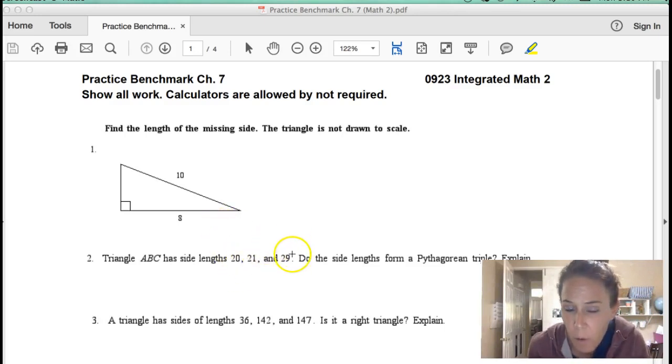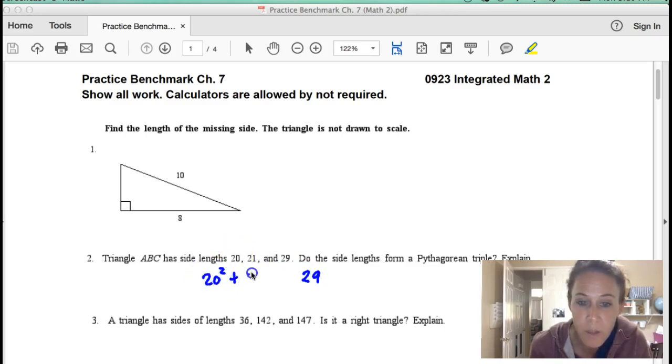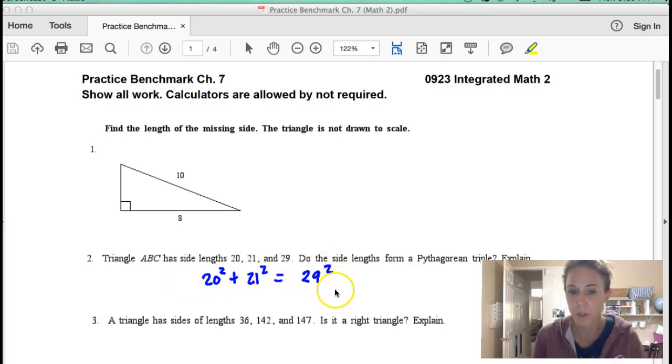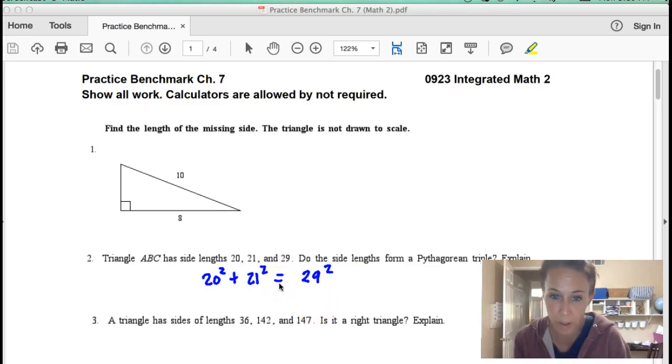These are all positive whole numbers, so now I just need to make sure that they work in Pythagorean theorem. 29 is our longest side, so that will be my hypotenuse. So I need to make sure that 20 squared plus 21 squared will equal 29 squared. If that's true, then yes, I'll have a Pythagorean triple because I'll have whole numbers that work in the Pythagorean theorem, and they will be side lengths of a right triangle.